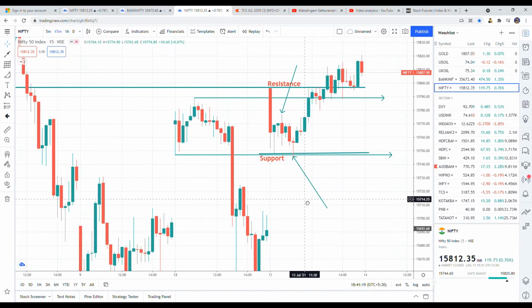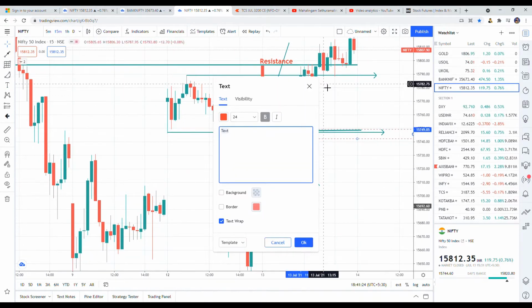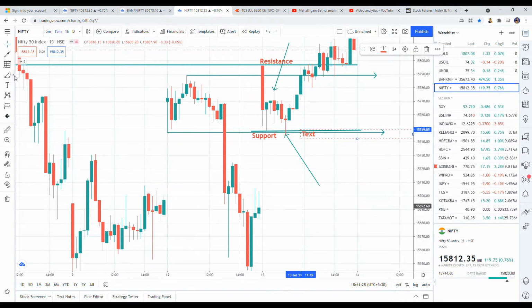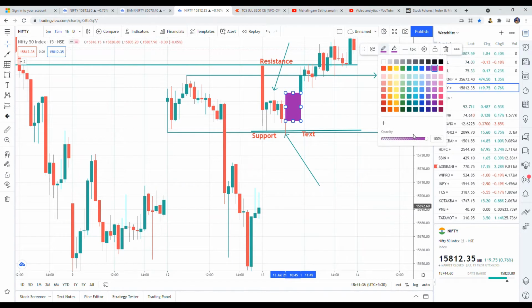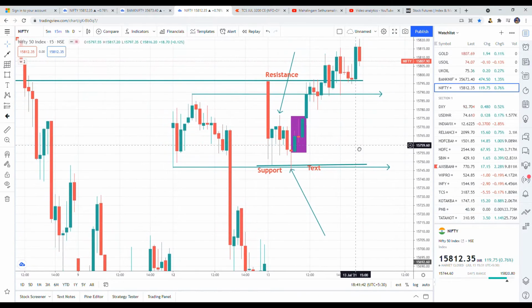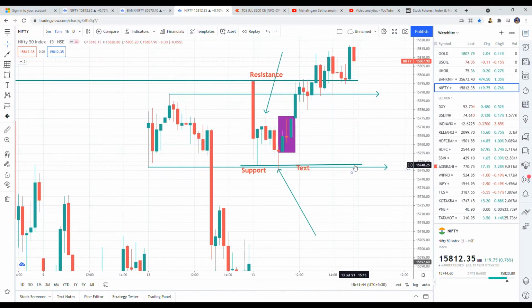Always I would suggest keep watching this 3 candle philosophy, which will help you to find out the entry point. Okay, so this is the NACD chart price action where you can get the entry initially.